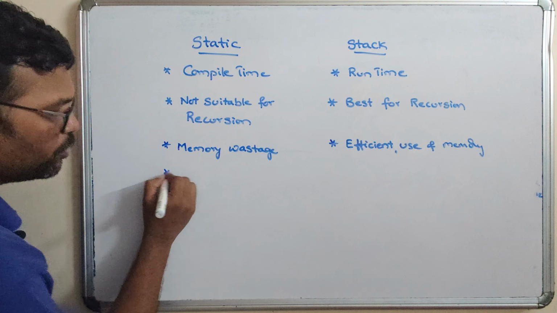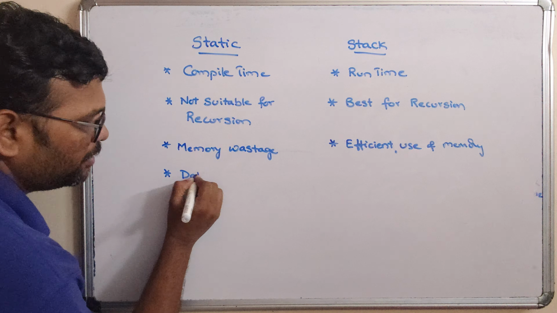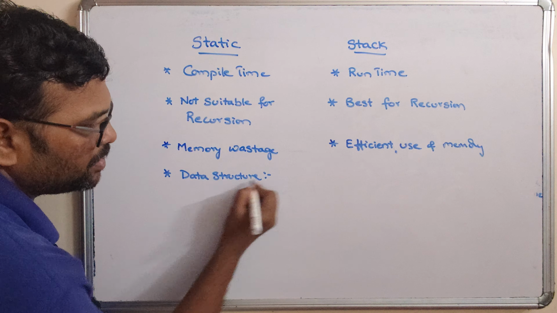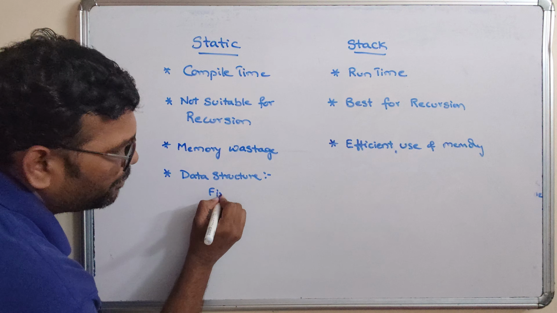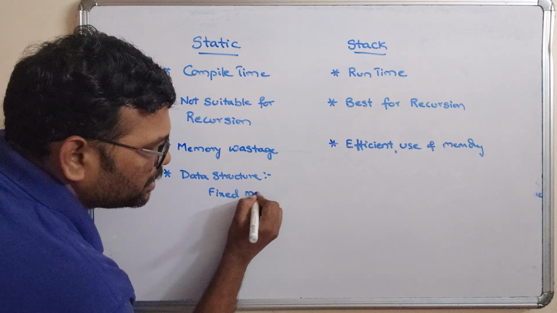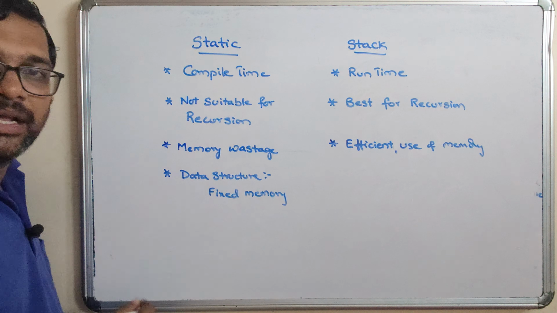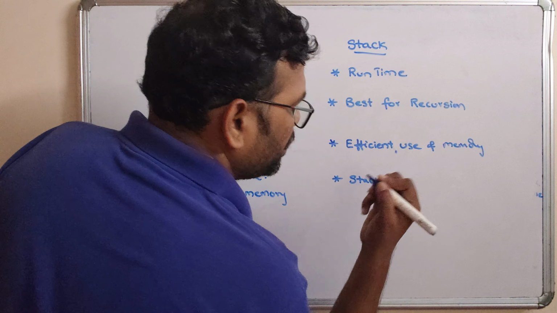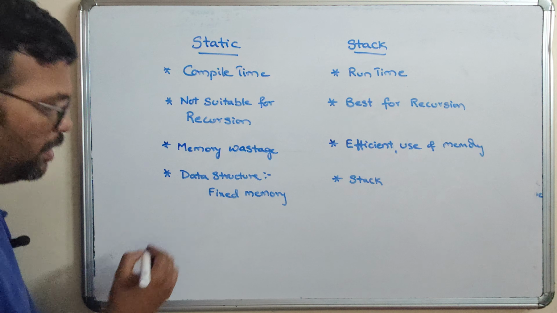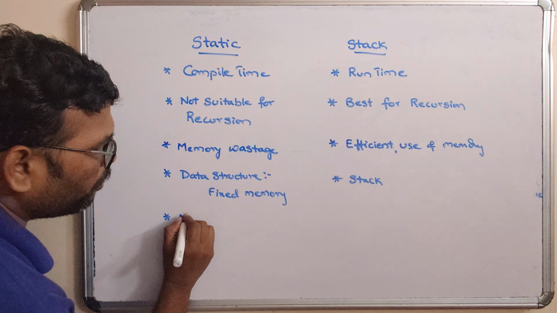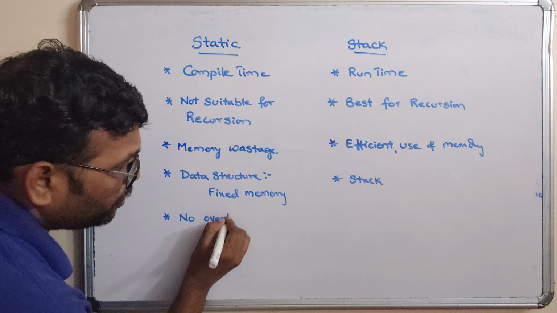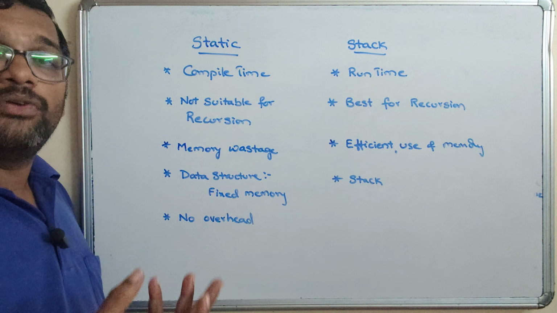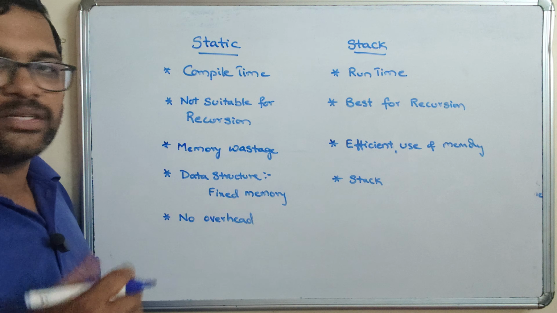What is the data structure used here? In static allocation there is no particular data structure, the memory is fixed and cannot be changed. But in this case, the stack data structure is used. Here there is no overhead, because before executing the program itself the memory is fixed.